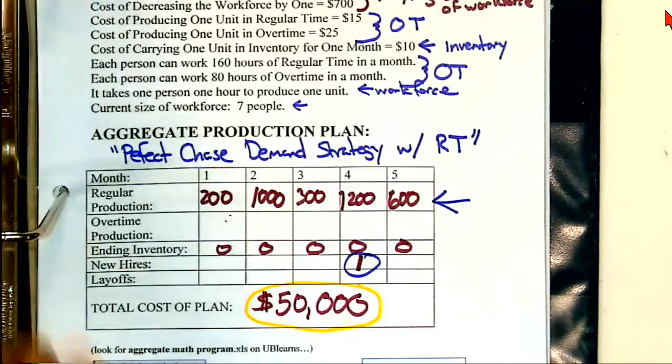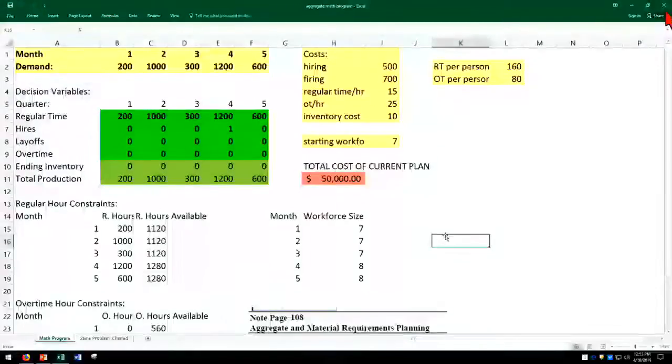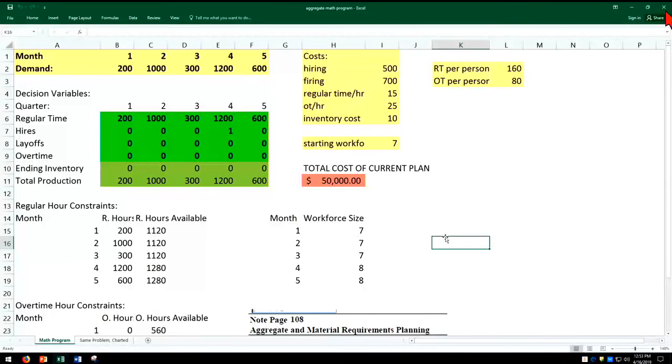Now, I want to point something out. Come on, computer. What the computer did, right? The only thing actually from my demonstration that Solver did was it sort of neatened up my plan because I had guessed well. I had put in the same numbers for regular time, but I had just hired the person right away because I knew that we were short at least one person, and that worked.